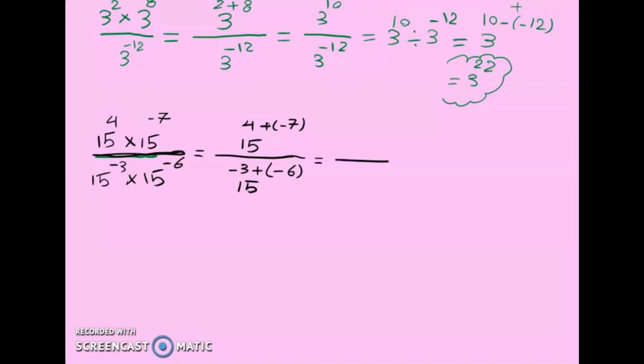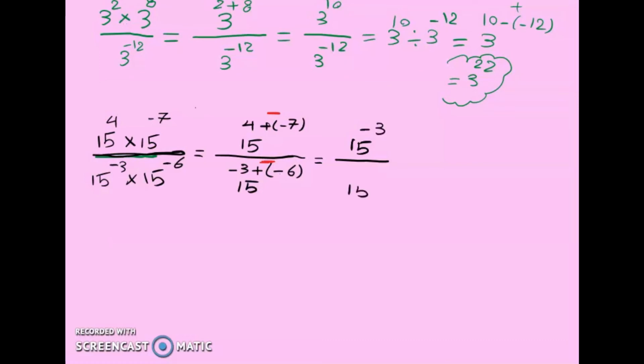On top, I have 15, and 4 minus 7 would be negative 3.